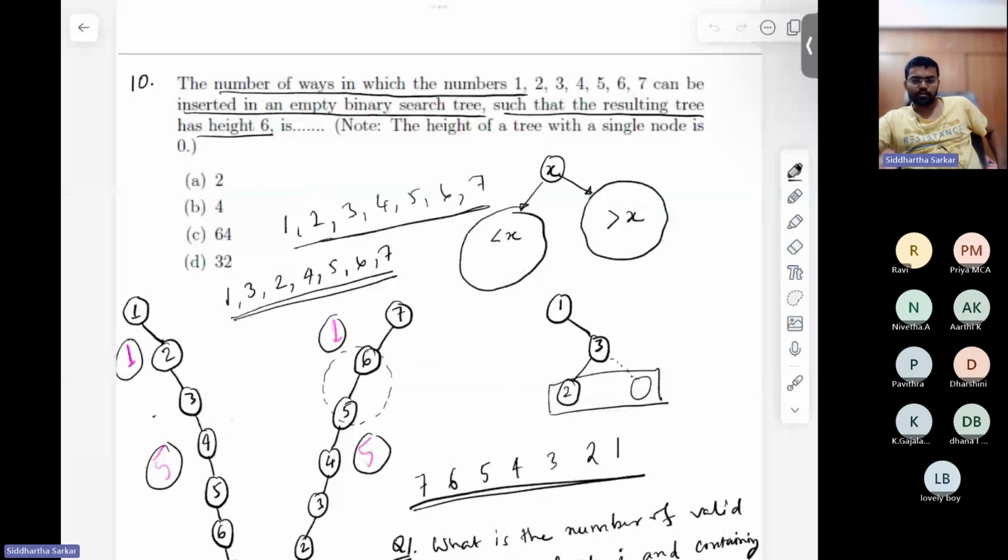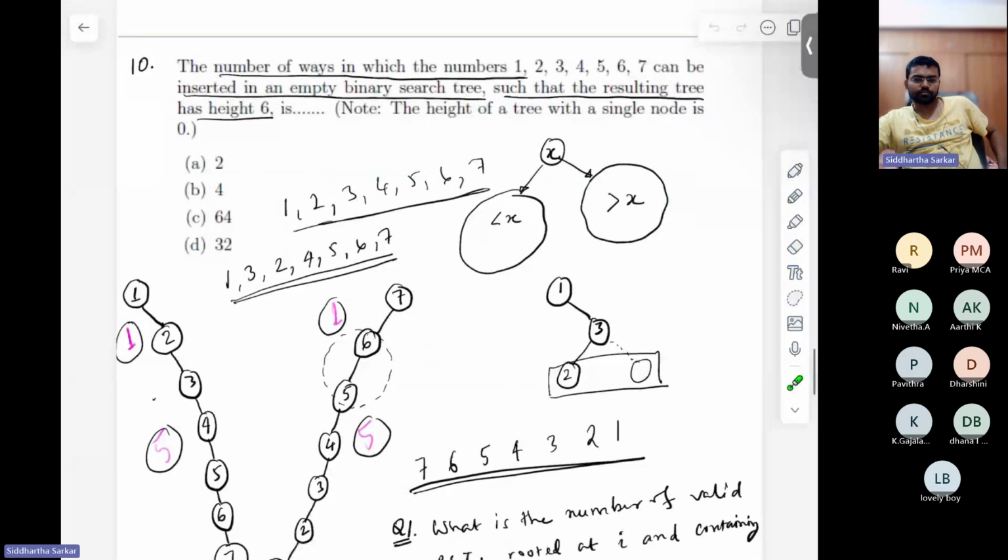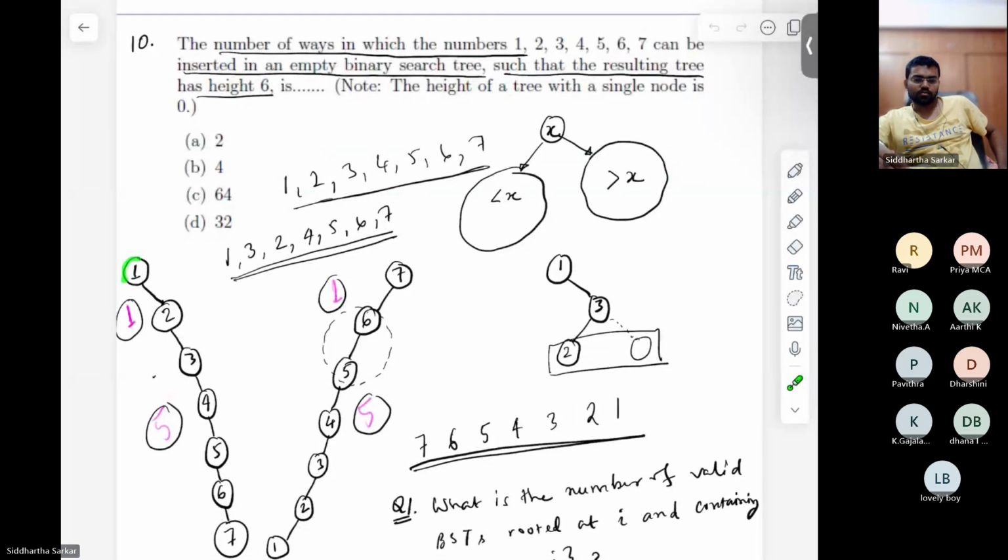So for the first node we have two choices, 1 or 7. Now let's say we fix 1. And here we have two choices, 2 and 7. Once 6 nodes are fixed, the last one is determined already, right?